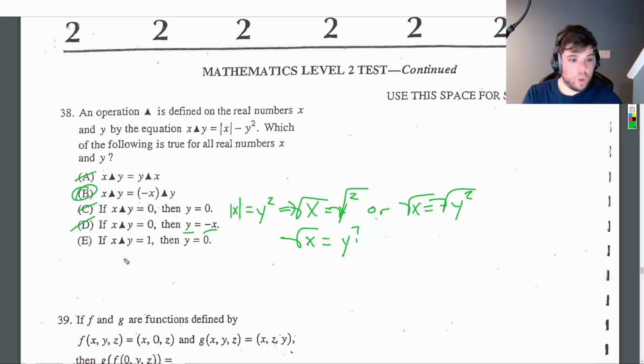If x triangle y is 1, then y is 0. If x triangle y is 1, then the absolute value of x minus y squared equals 1.